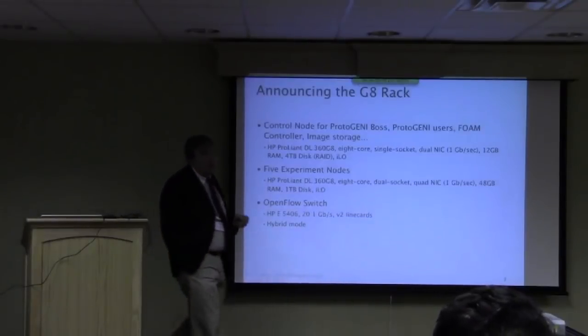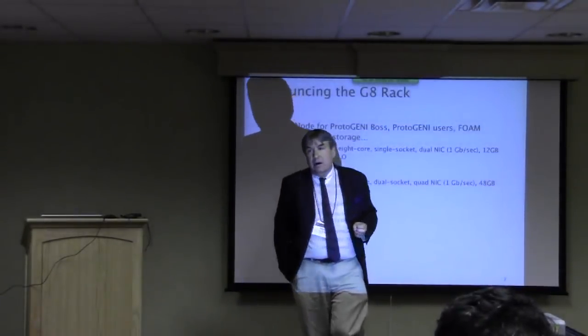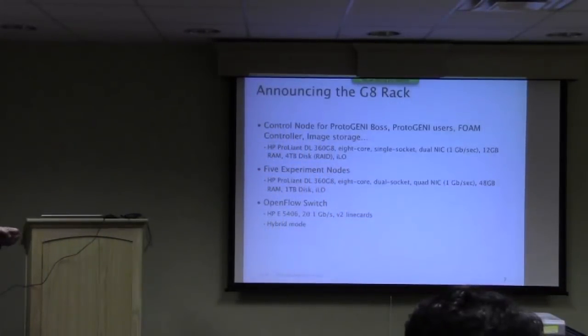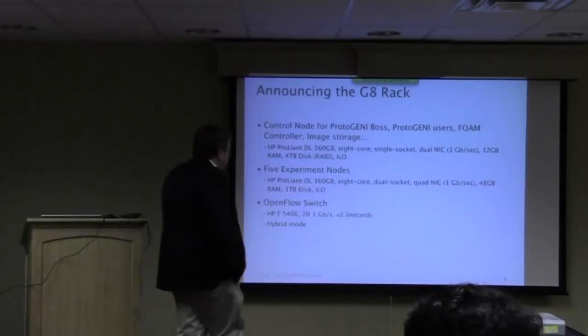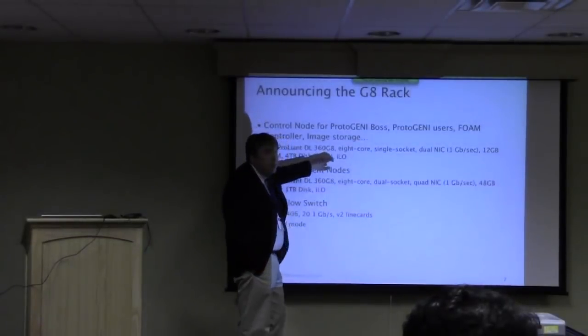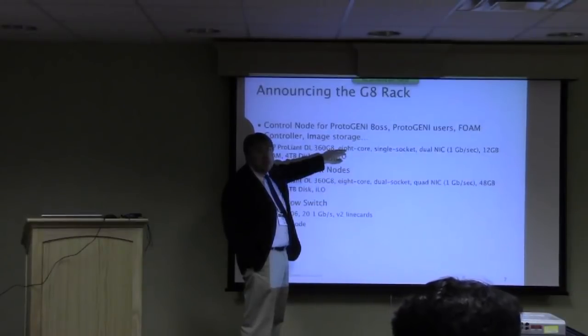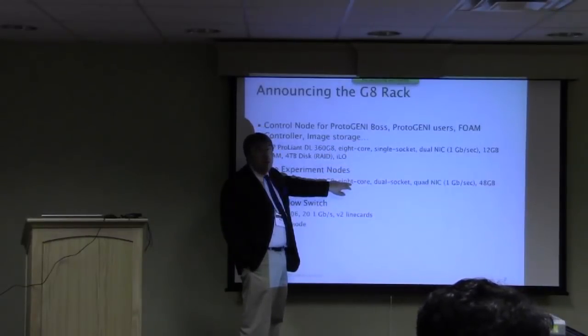We are coming out now with the G8 rack, our next generation of ProLiant servers. The big difference that you will notice is that the G7 racks had a 6-core. We put a 4-core processor in the boss node in the G7. We're putting an 8-core processor in the boss node on the G8, and more importantly, we're going to put the same 8-core processor on the worker nodes.